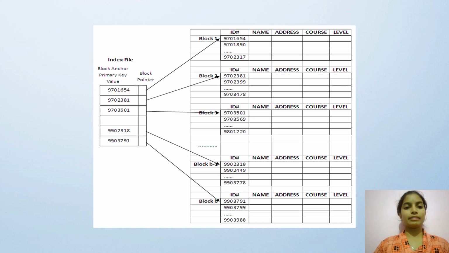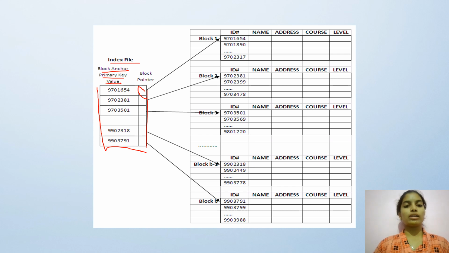In the diagram, we can see the index file that consists of the block anchor, the primary key and the values. These are the set of fields that we have specified here. These entries are pointed to the blocks, which are represented with block pointers.